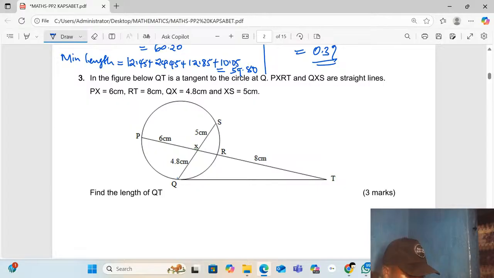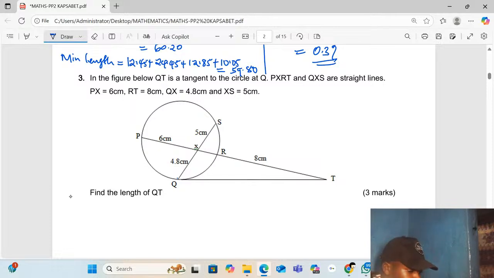Before we find that, there is something missing. We have XR missing. We have PX as 6, then RT as 8, but we want the length of the whole line, and we are missing XR.